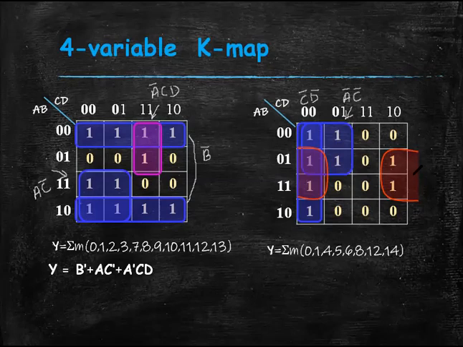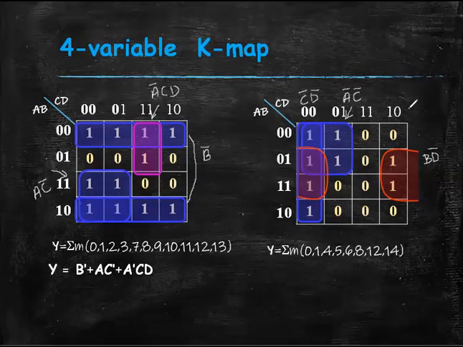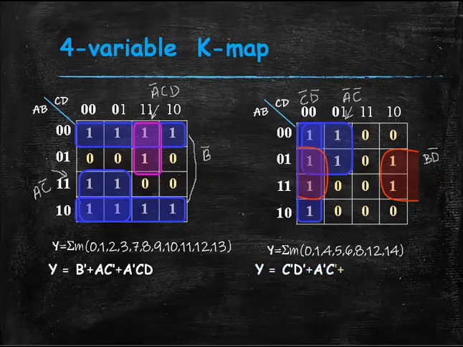And for this one, B not changing and D bar not changing, so it is B D bar. Then the result is the sum of C bar D bar, A bar C bar, and B D bar. Okay.